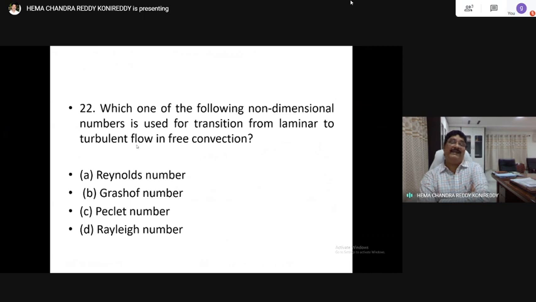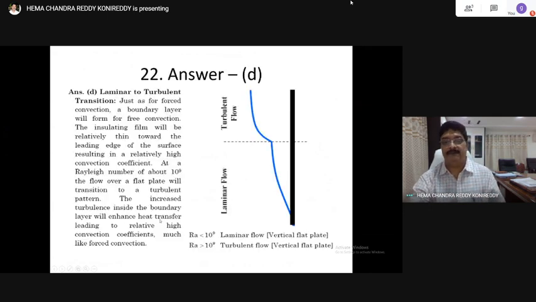And in natural convection, it is the Rayleigh number that decides whether the flow is laminar or turbulent. For all Rayleigh number values less than 10 power 9, the flow is laminar. For all Rayleigh numbers greater than 10 power 9, the flow is turbulent. So Rayleigh number is the correct answer.